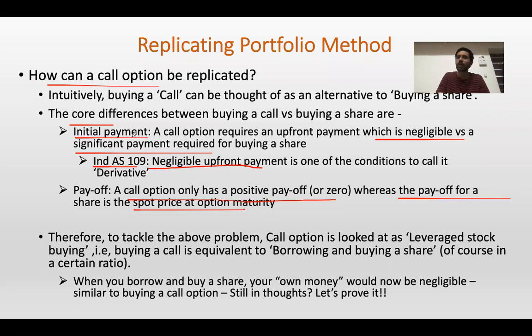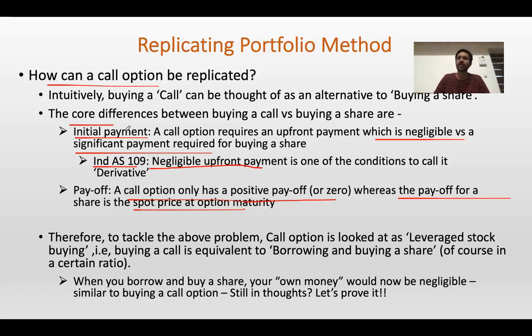And just like how call and put options require insignificant upfront payment, which means the upfront payment is going to be a fraction of the underlying share value, similarly the payoff of a call option is also going to be a fraction of the payoff of the share, which is nothing but the spot price at the option maturity, right? For instance, it was 200 for a call option versus 2200 for a share at the upper node. At the bottom node, it was 0 versus 1800, which was the share price that we assumed at the bottom node.